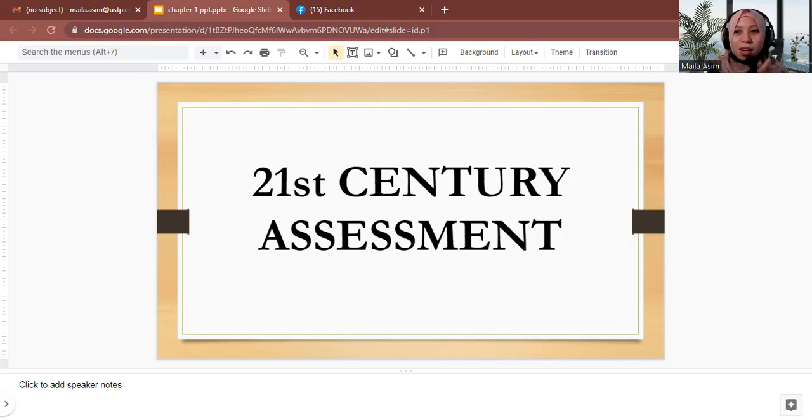With these demands, changes, development, and re-engineering of the systems around us, we use the 21st century techniques and assessment tools to be effective, not the traditional way of assessing.